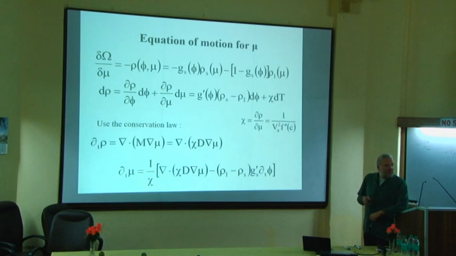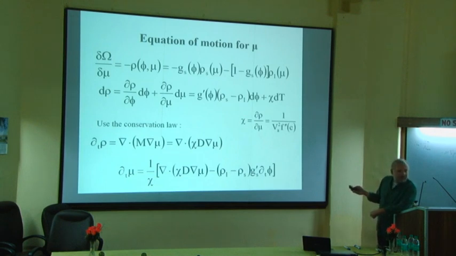Now, one important difference with respect to the pure substance equation is this susceptibility, this function chi. This is in some sense the equivalent of the specific heat in the pure substance case. Specific heat is the second derivative of the free energy.